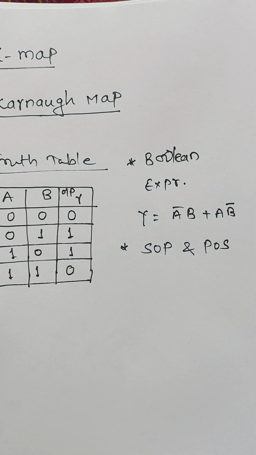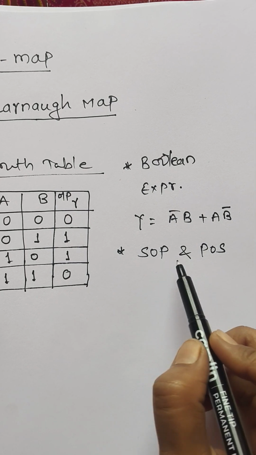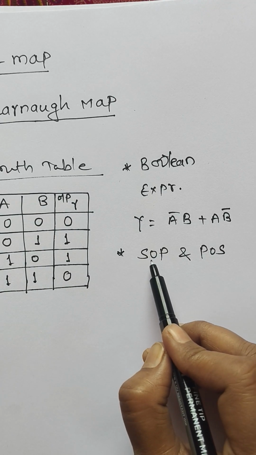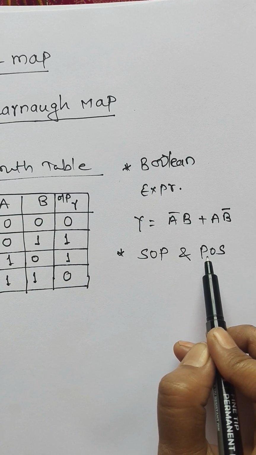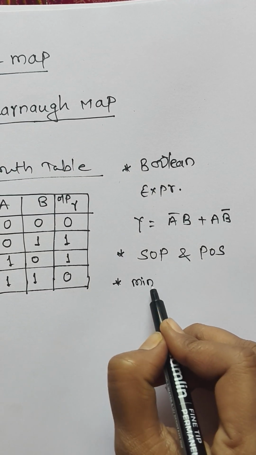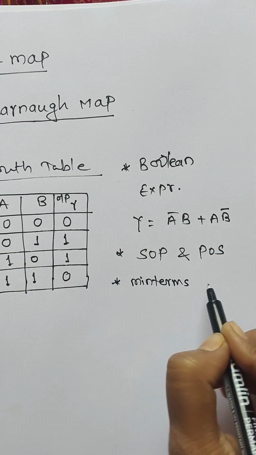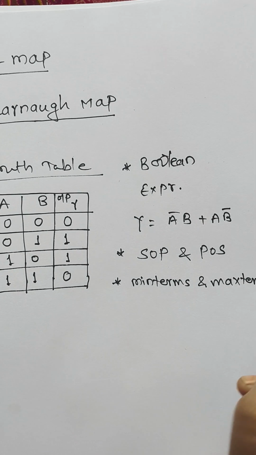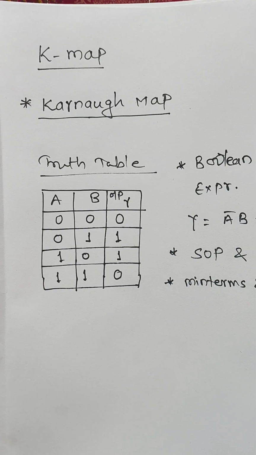I am considering that you know these terms: sum of products and product of sums. You may also know terms like minterms and maxterms. You must know these terms before moving to the K-map.